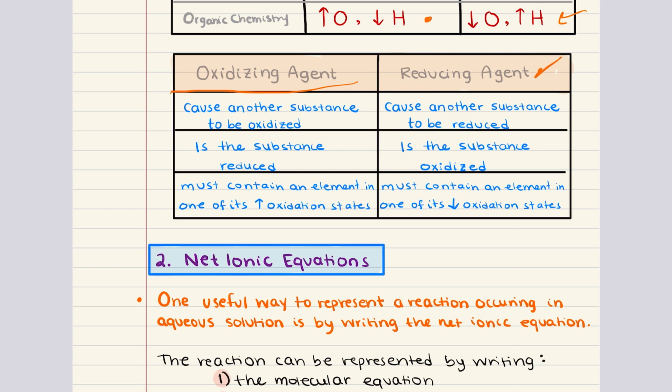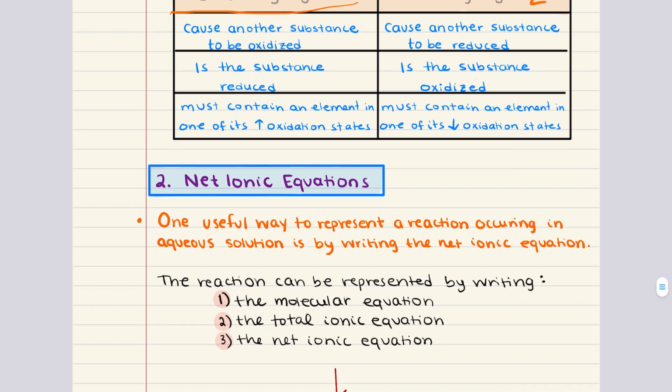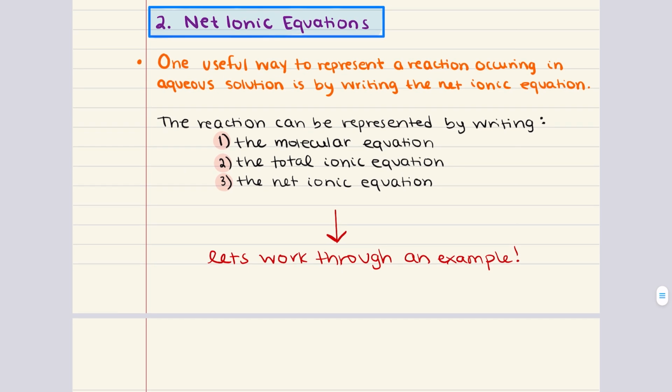On the other hand, a reducing agent causes another substance to be reduced. It is the substance that is oxidized in the reaction as it donates electrons to the substance being reduced. A reducing agent must contain an element in one of its lower oxidation states, and it's supposed to be prepared to lose electrons. Now we can move into our final objective.